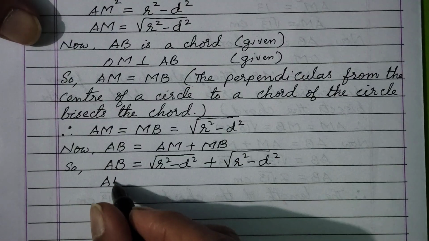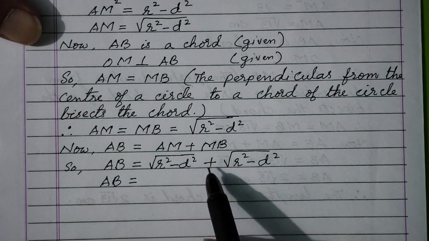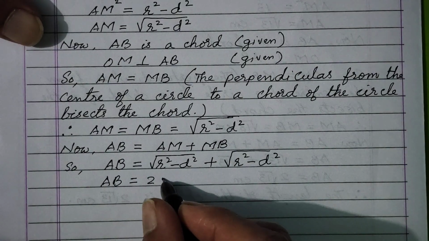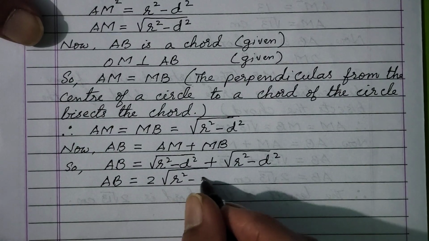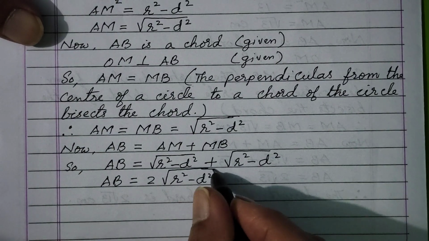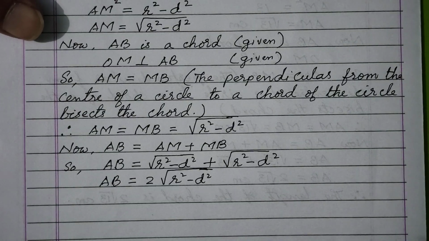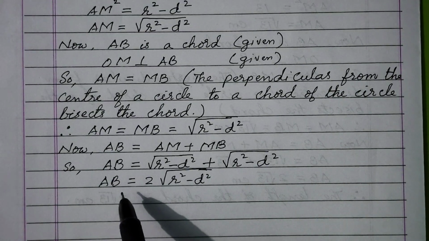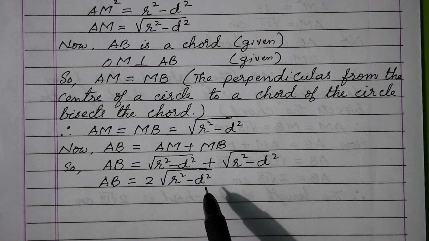AB equal to root of r square minus d square plus root of r square minus d square is 2 root r square minus d square. So we have shown that AB is equal to 2 root r square minus d square.